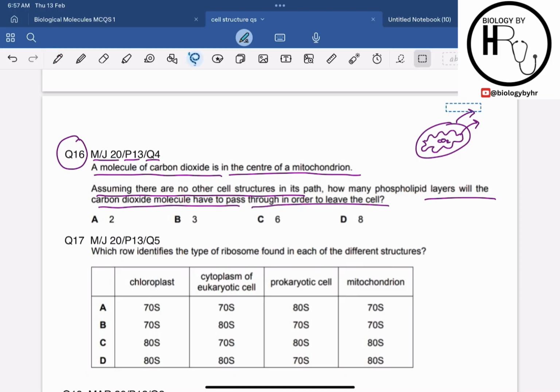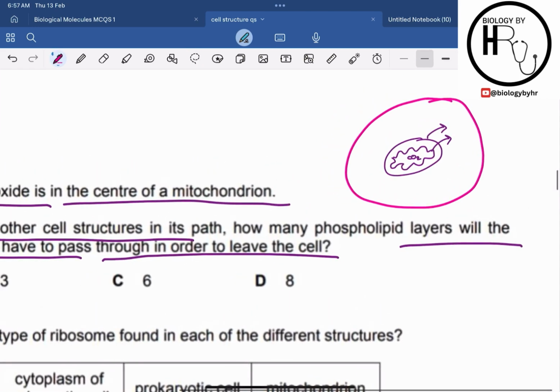So basically they are asking how many phospholipid layers the carbon dioxide molecule has to pass in order to leave the cell. For example, this is the cell, and this is the cell membrane of the cell. So now there are three membranes. This is the inner membrane of the mitochondria, the folded one. Then there is the outer membrane of the mitochondria, and this is the membrane of the cell.